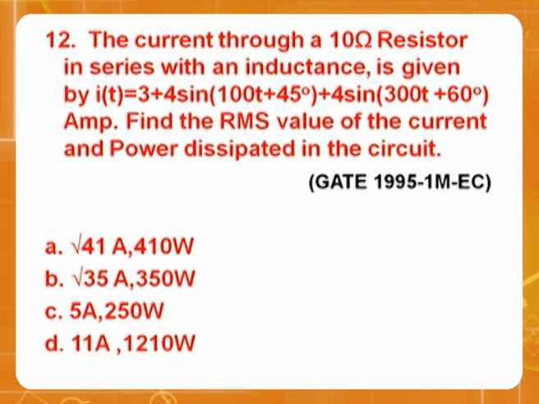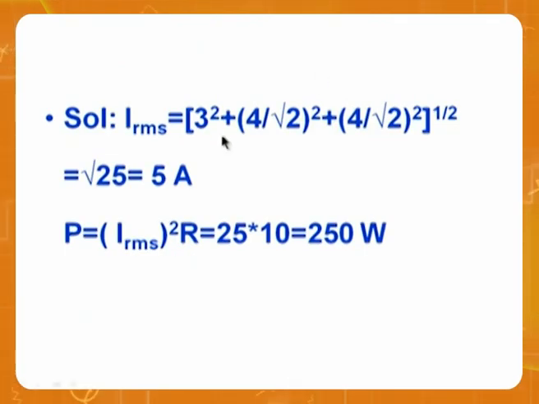Now look at this. RMS value is the square root of 3 square plus (4 by root 2) square plus (4 by root 2) square. 3 square is a DC value, 4 by root 2 is an AC value, 4 by root 2 is an AC value. So total is 5 amperes. What's the power? I RMS square into R. So I RMS square means 5 square. 5 square is 25 multiplied with 10.